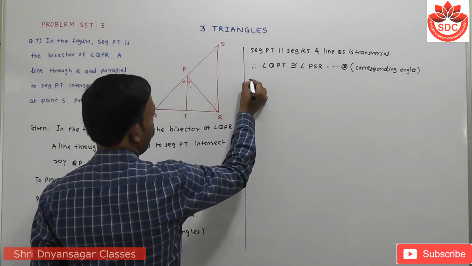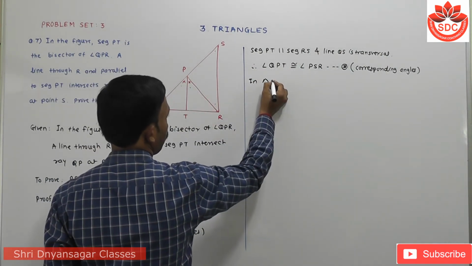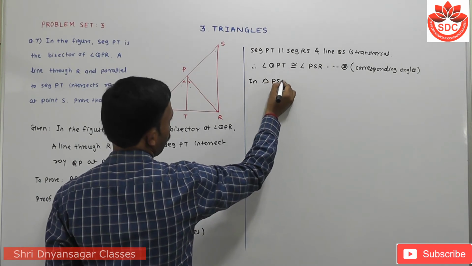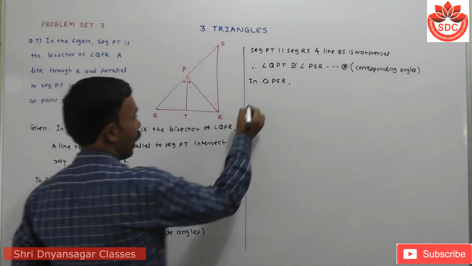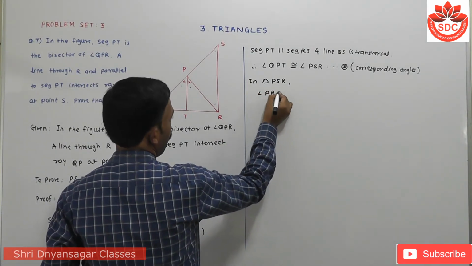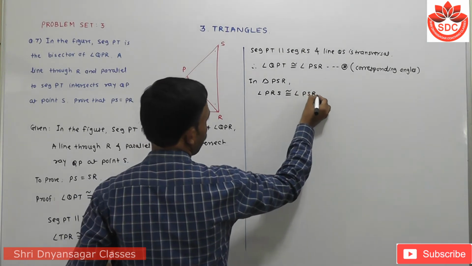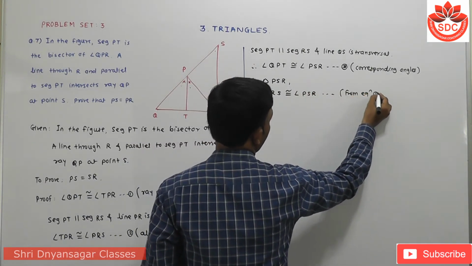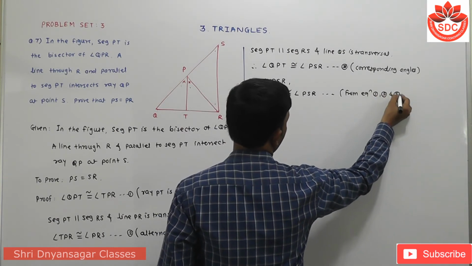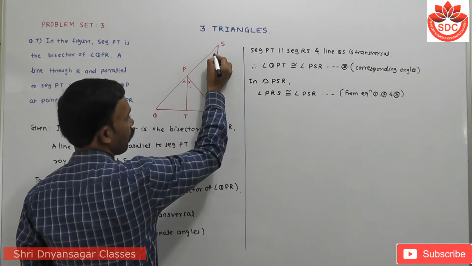So that in triangle PSR, from equation 1st, 2nd and 3rd, we write here angle PRS is also congruent with angle PSR. Look at it here, PRS and PSR are congruent.